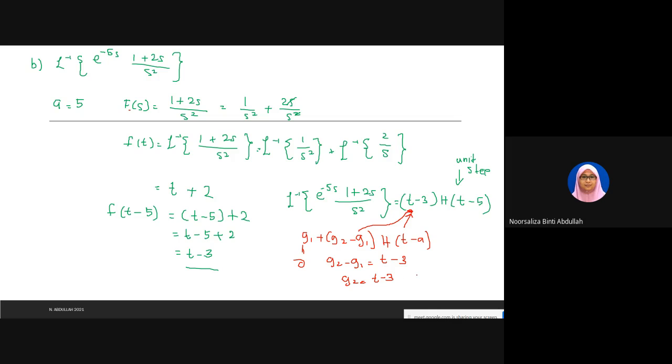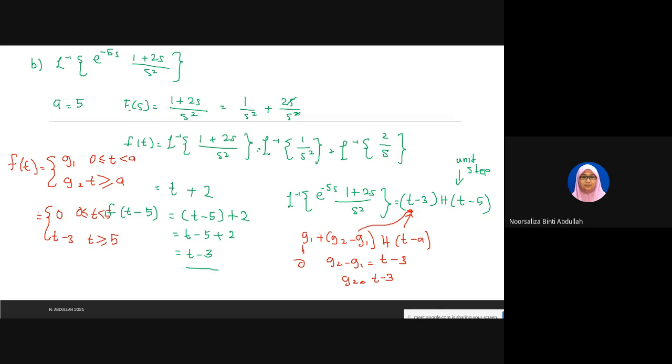Betul tak? Betul kan? Okay, jadi FT equals to G1, which is 0, for T less than 5, and G2 is T minus 3 for T greater or equals to 5.